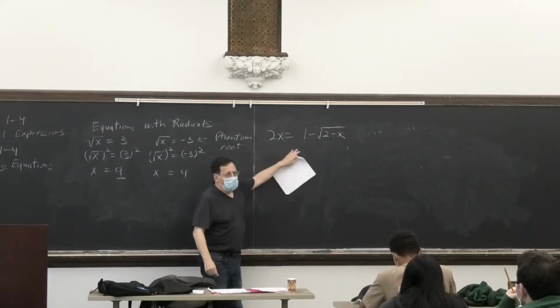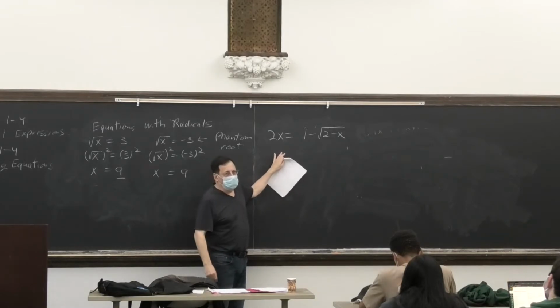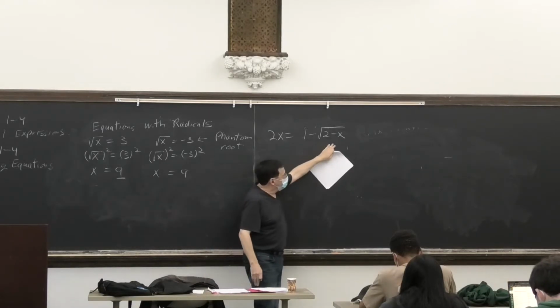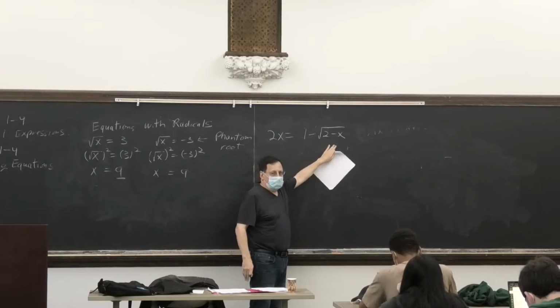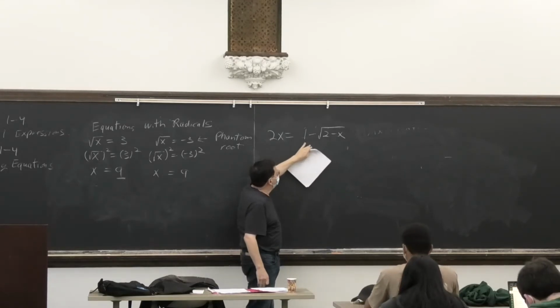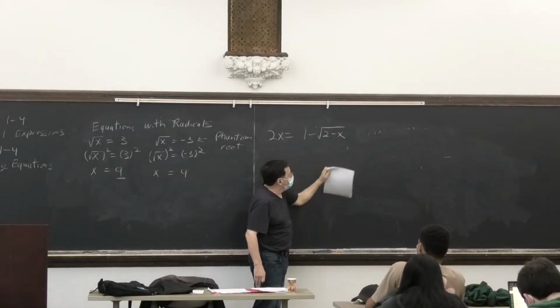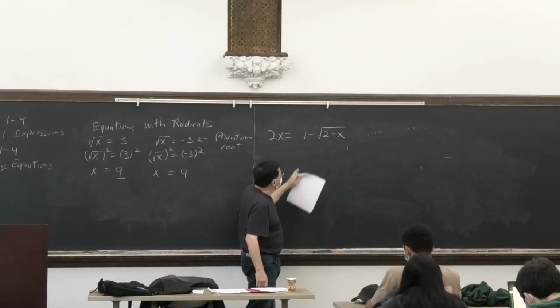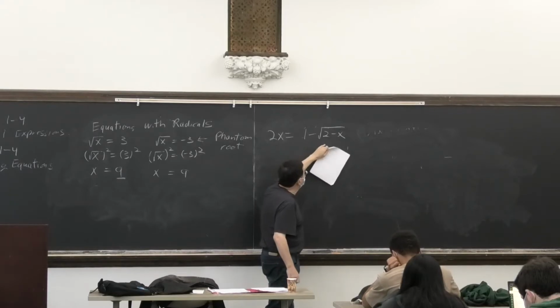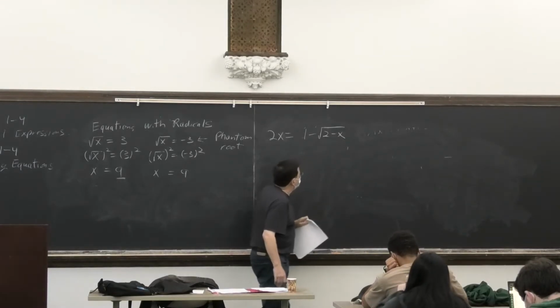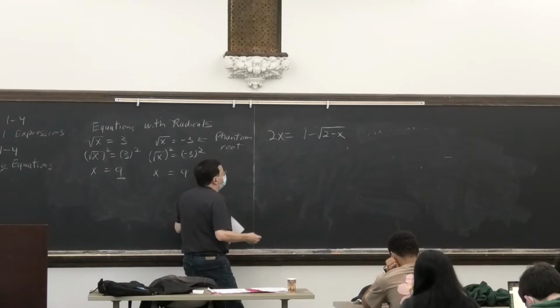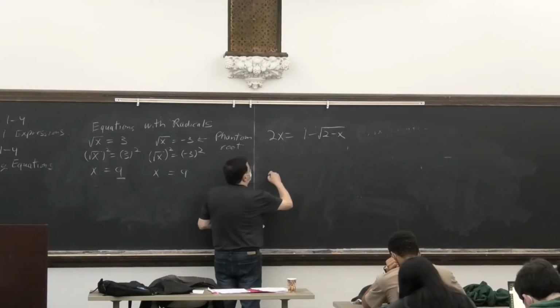There's really two ways to go about this. I encourage you to isolate the radical first. But if you think ahead, you could use that a squared minus b squared pattern. Multiply this by 1 plus square root of 2 minus x. That will work. But let's kind of back up here.